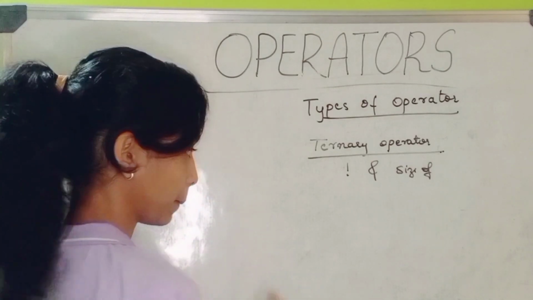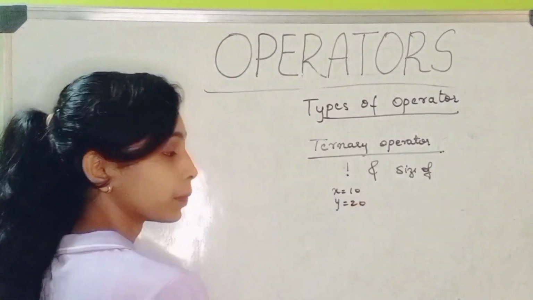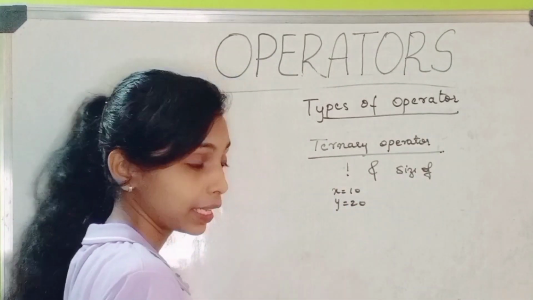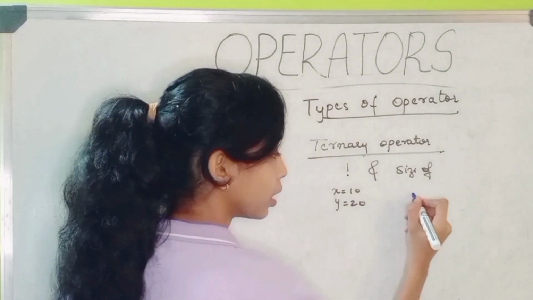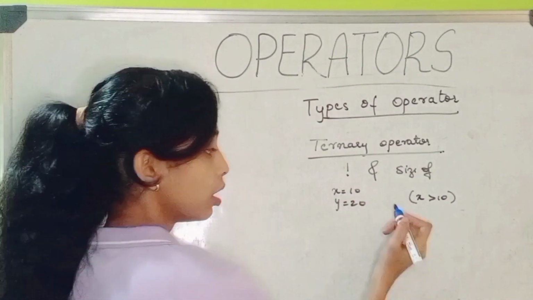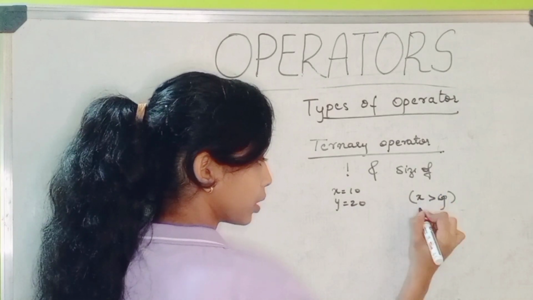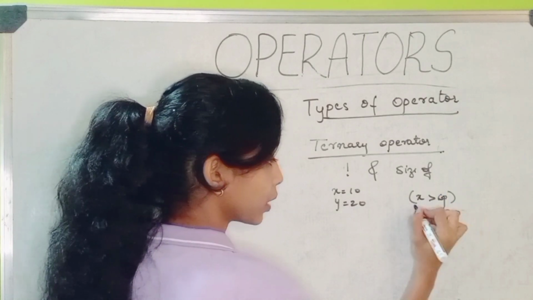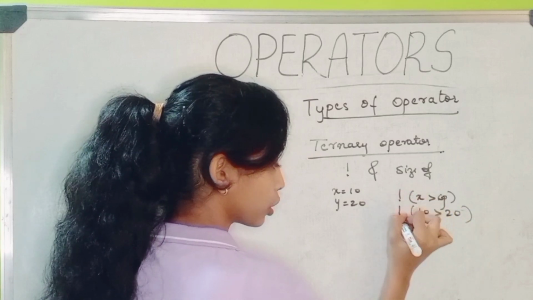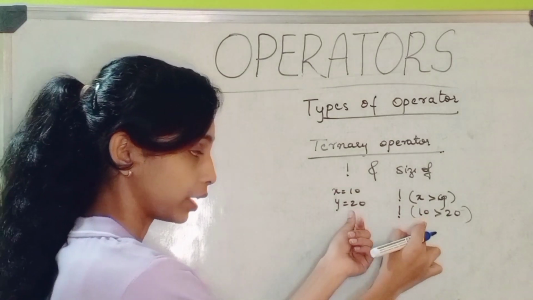For example, x is equal to 10 and y is equal to 20. Now if you apply a condition like x is greater than y, is 10 greater than 20?